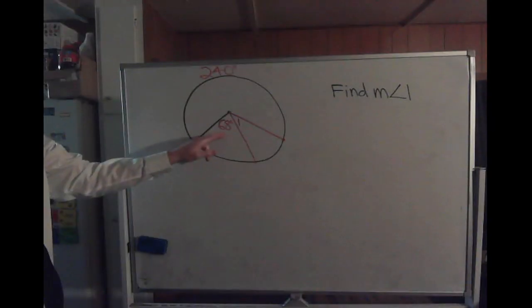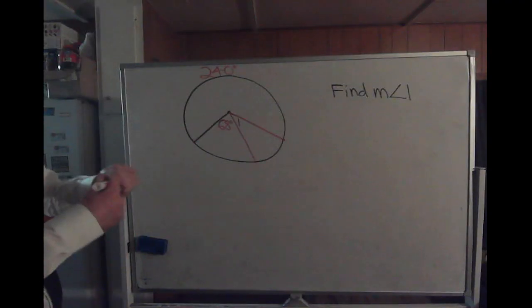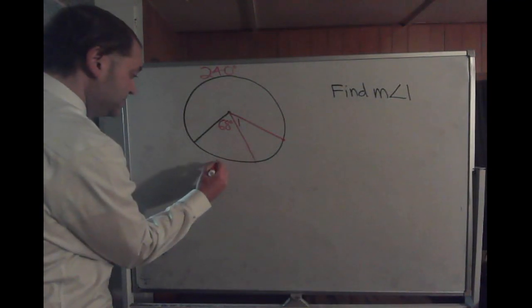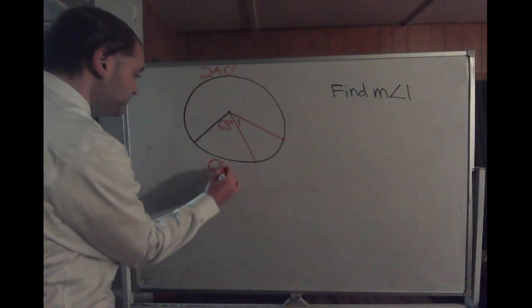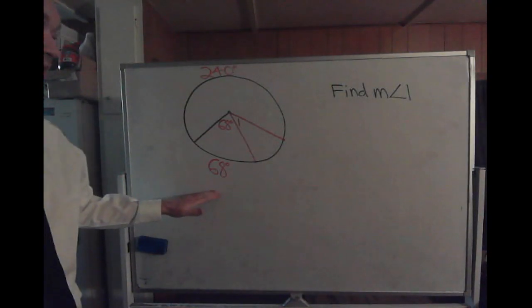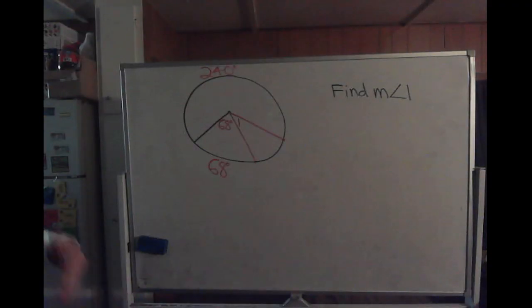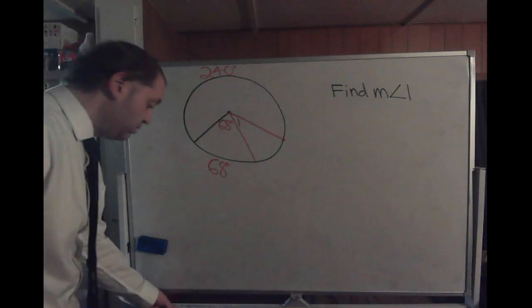We have the measure of the central angle here next to angle 1 being 68, which means the minor arc from that 68 degree angle is also going to be 68 degrees. So all we need to do now is solve for the minor arc for central angle 1, and then we'll have the measure of central angle 1.